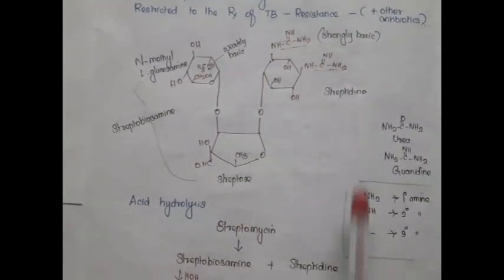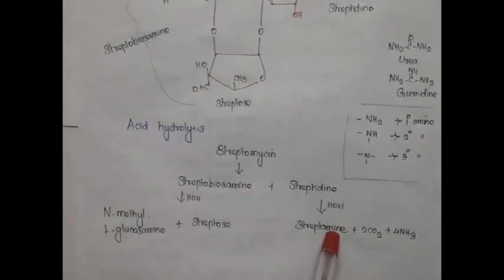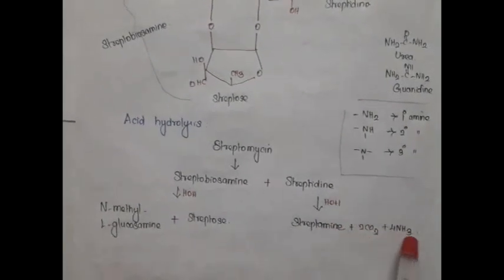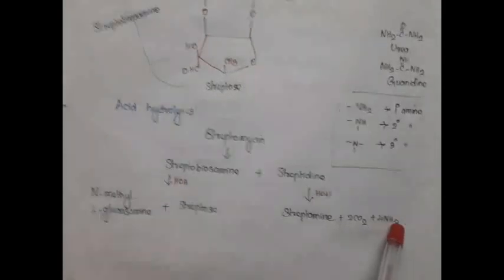That is called streptamine, plus 2 molecules of carbon dioxide plus 4 molecules of ammonia. Streptomycin, on alkaline hydrolysis, forms maltol.